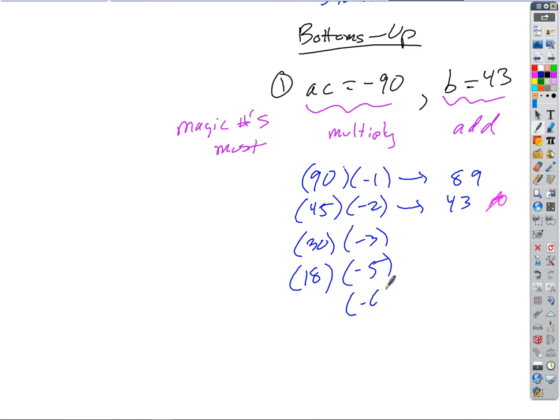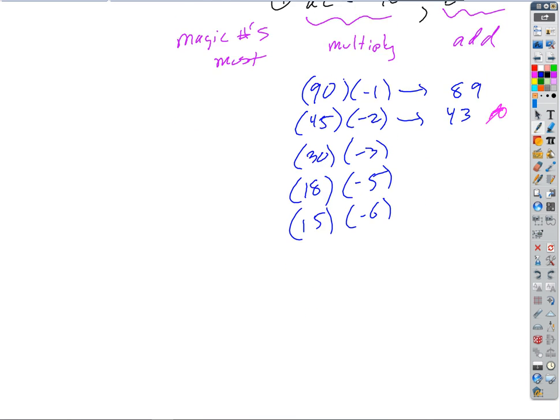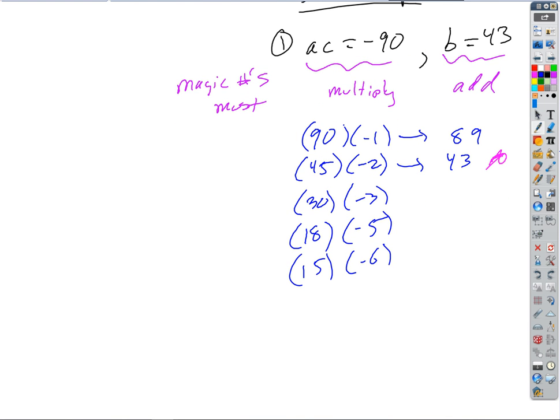I could make this negative 6, and I could make that 15. What else? I could do negative 9 and 10. Now I want you to notice what's happening to the sums as the factors get closer together. They get closer to 0.